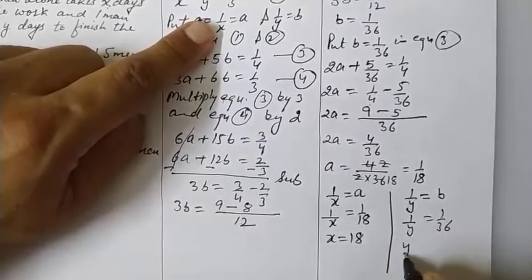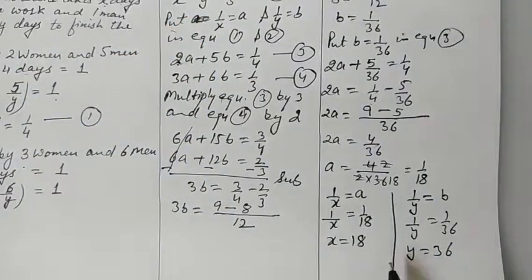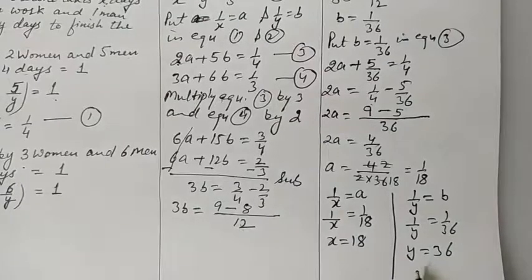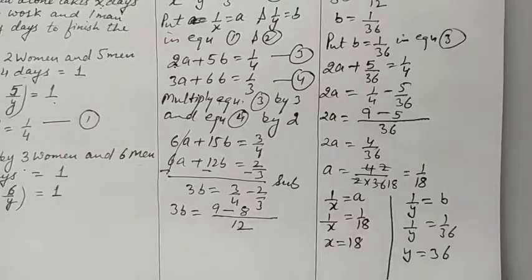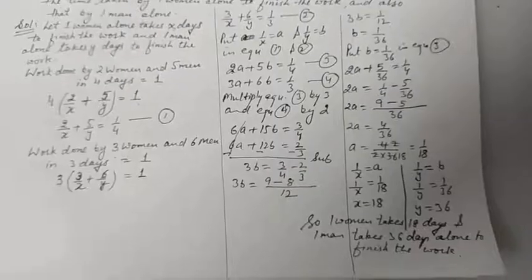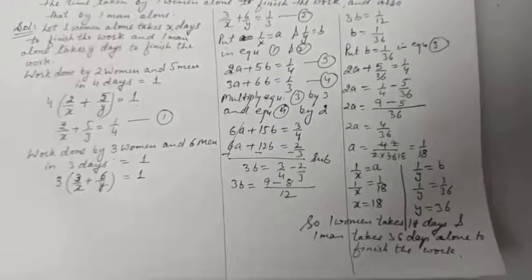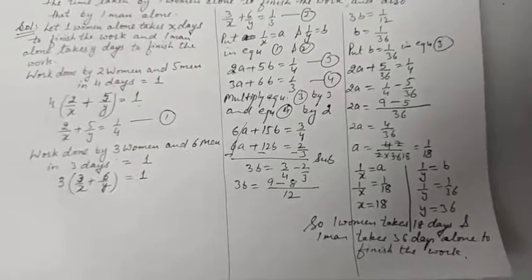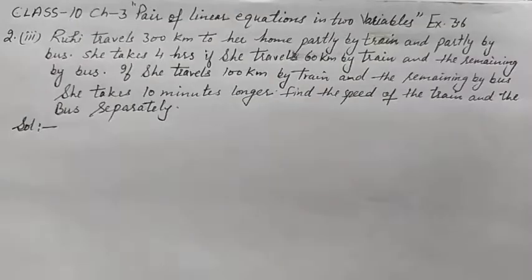So y is 36. So it means one woman alone takes 18 days to finish the work and one man takes 36 days to finish the same work alone. So it's written: one woman takes 18 days and one man takes 36 days alone to finish the work. So thank you so much. Students, let's solve this question.